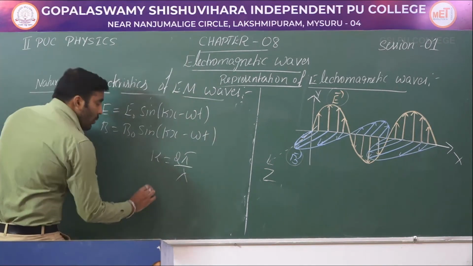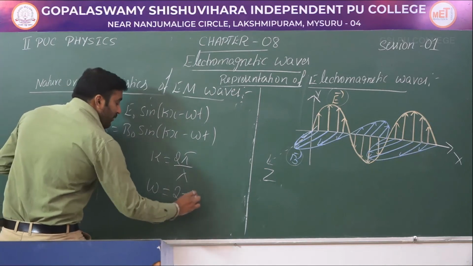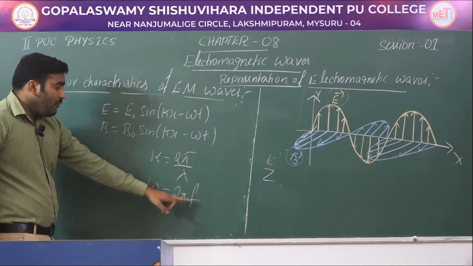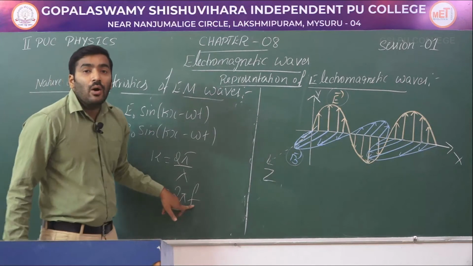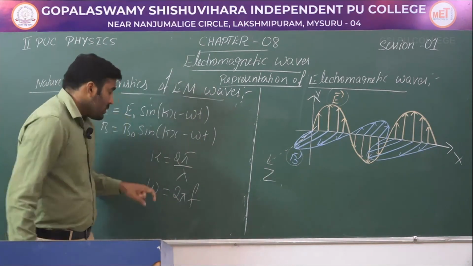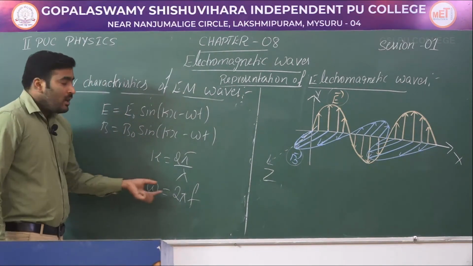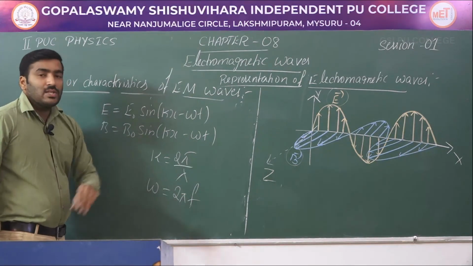Also omega is equal to 2 pi f, where f is the frequency of the electromagnetic wave. So omega is the angular frequency and f is called the frequency of the wave.